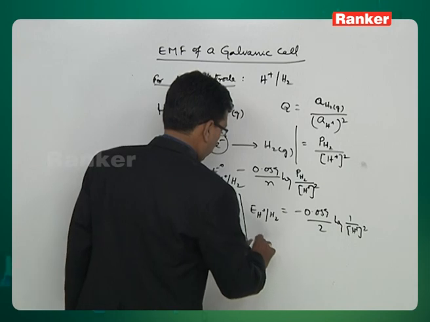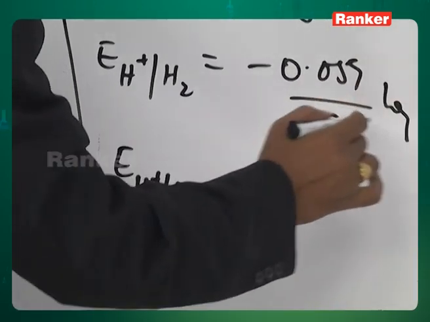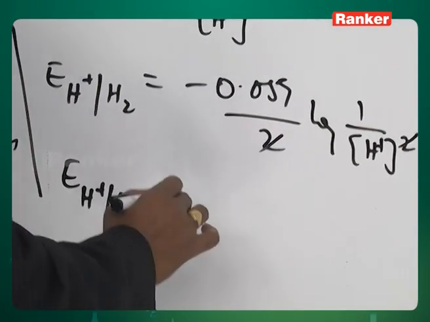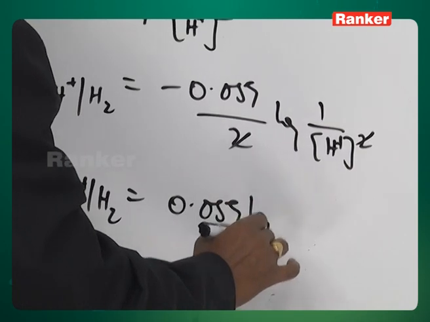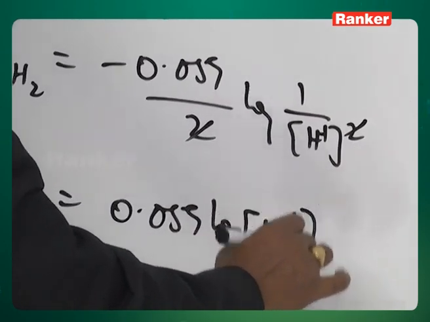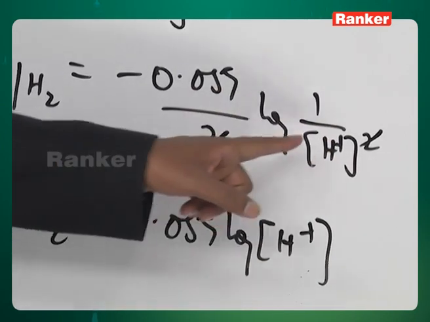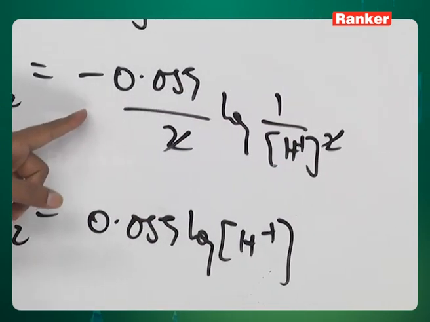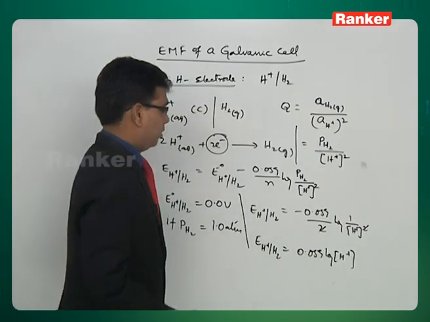Therefore, E H+/H2 is equal to, now this 2 and this 2 cancel, so it is 0.059 log H+, because when it goes to the numerator the 2 cancels and this becomes minus, that minus will become plus. So, this will be the E value for the hydrogen electrode.